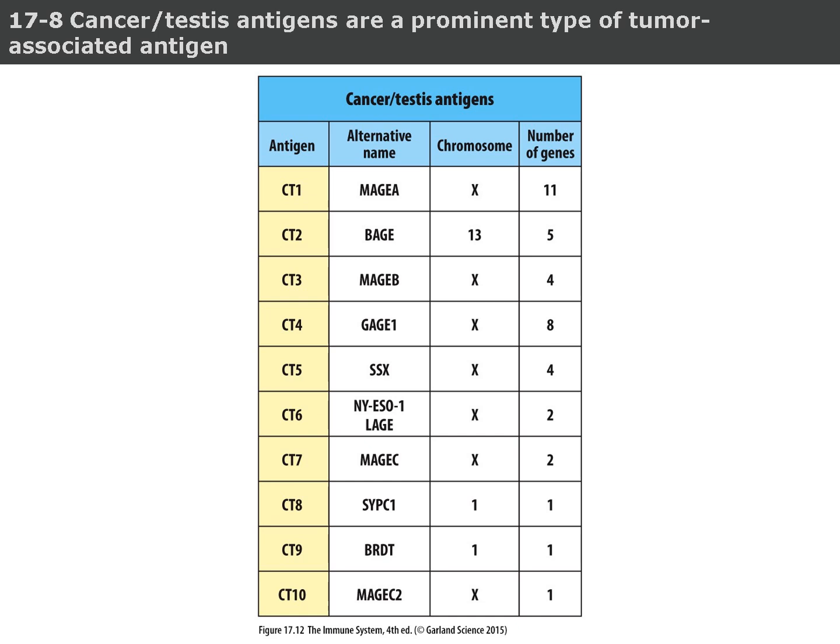Other cancer/testis antigens, such as GAGE1, SSX, NYESO1, and LAGE are also found on the X chromosome. Because they are usually hidden from immune surveillance in normal tissues but appear on tumor cells, cancer/testis antigens serve as important targets for immunotherapy.